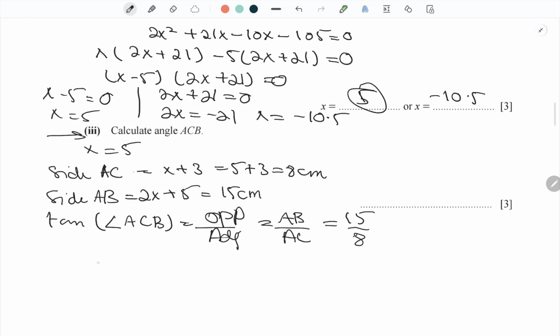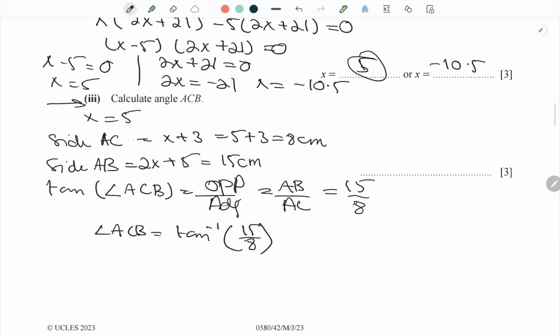So that means angle ACB equals tan inverse 15 over 8, okay? And 15 over 8, we divide it, so we get 1.875.